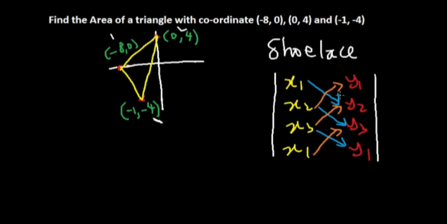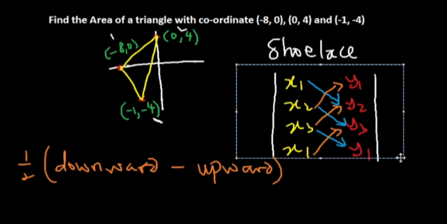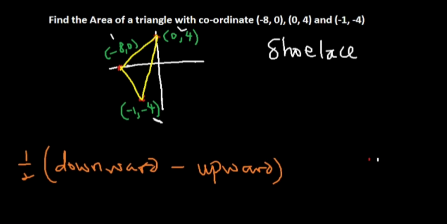So to do this, you have 1 over 2. You multiply those going downward, minus the upward direction. That's how to do it. Okay, so let's find our x1 quickly.